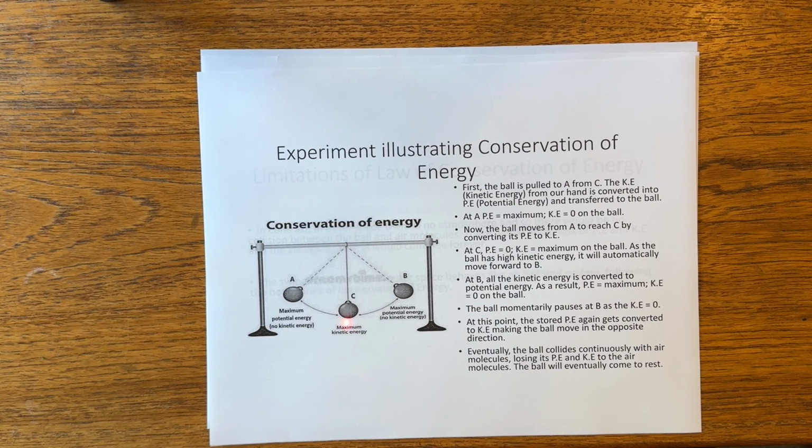At point C, it's maximum kinetic energy. So this shows you the conversion of potential energy and kinetic energy and vice versa. And eventually the ball collides with air molecules and loses its kinetic energy and potential energy to air molecules, and then will eventually come to rest.